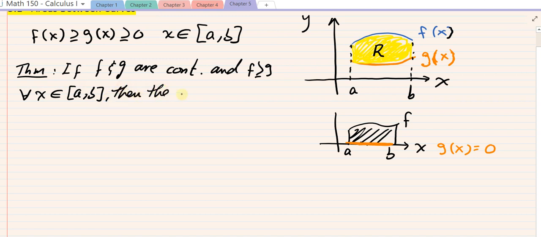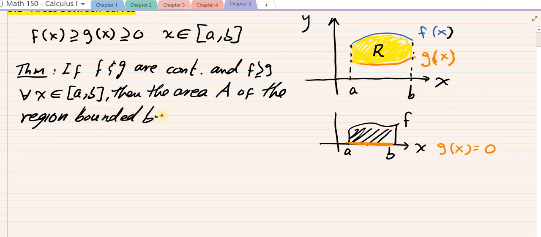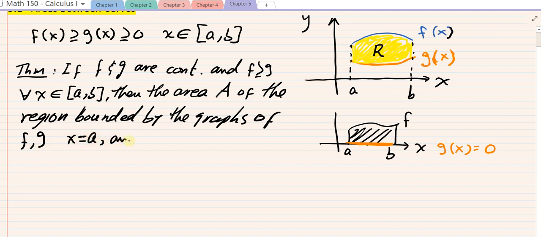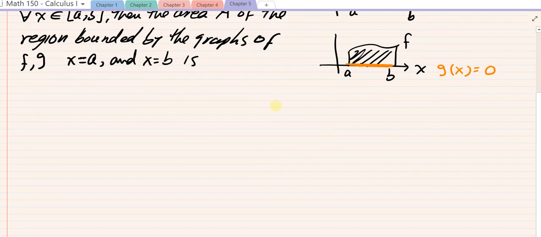Then the area A of the region that is bounded by the graphs of f and g between x equals a and x equals b is given by the following Riemann sum.